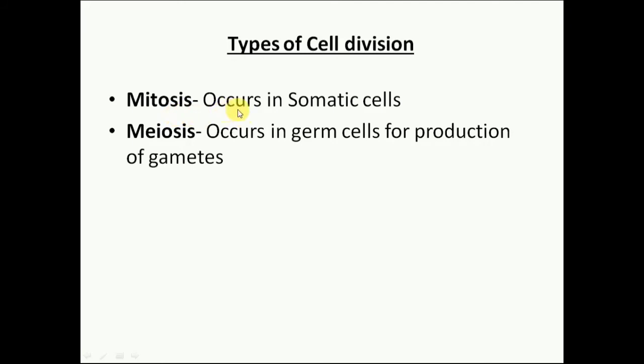It only occurs in the somatic cells. Second is meiosis. Meiosis occurs in germ cells for production of gametes. So meiosis occurs in germ cells which are found in our reproductive organs for the production of gametes.